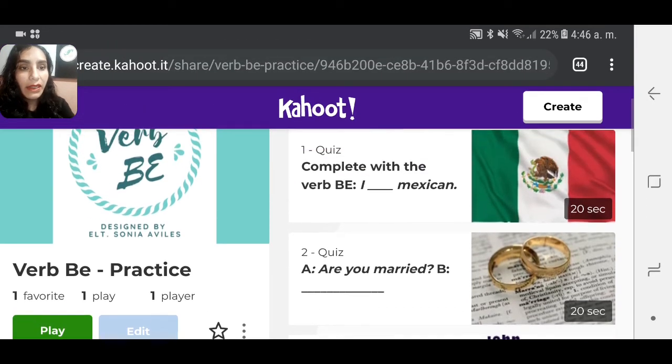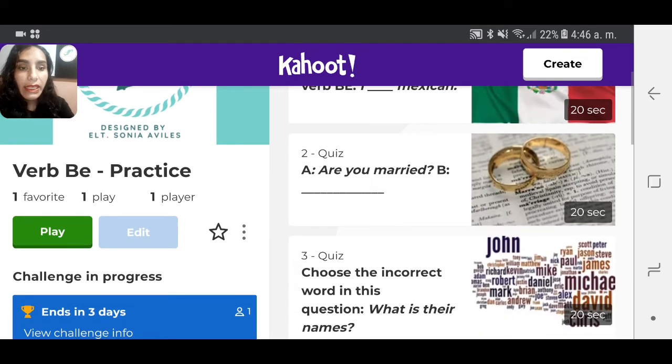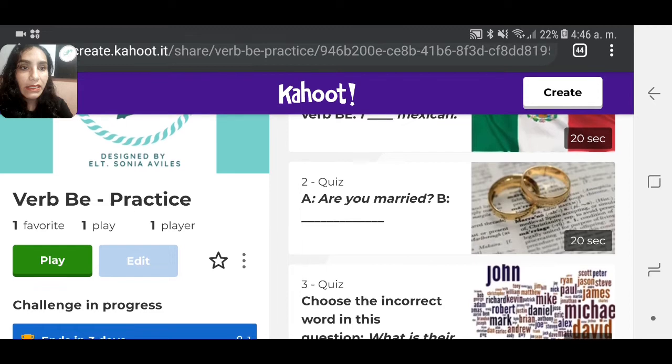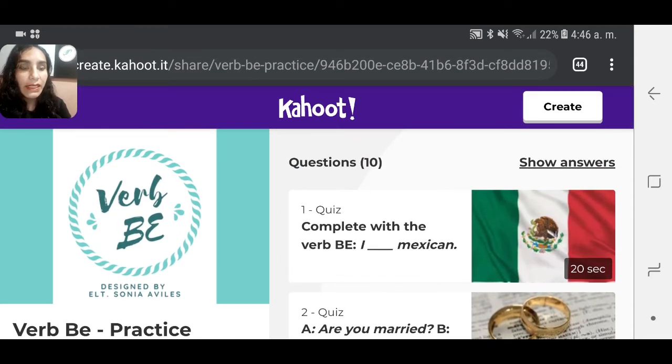Aquí lo abrió de manera inmediata porque estoy dentro de mi cuenta. Pero ustedes cuando ingresen les va a aparecer una pantalla igual a esta y en la parte superior derecha les va a pedir que ingresen con una cuenta. ¿Ok?